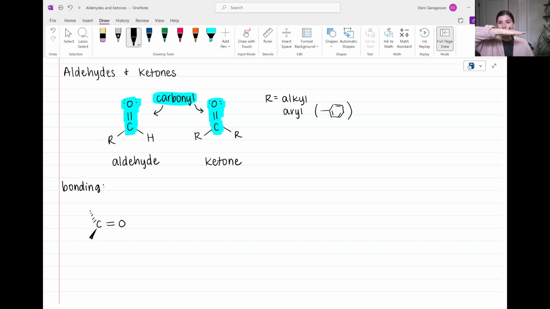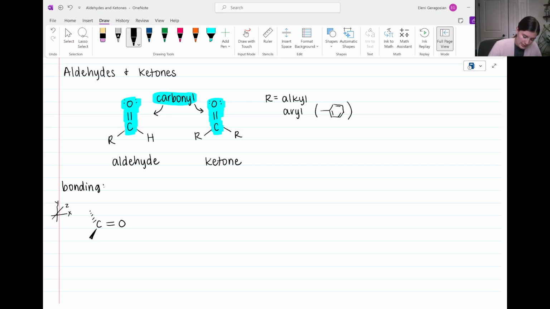So we're looking at it in a flat orientation where, if we have an X, Y, and Z plane, carbon and oxygen are along the X axis, and the other two bonds are along the Z, going away from us and coming towards us.